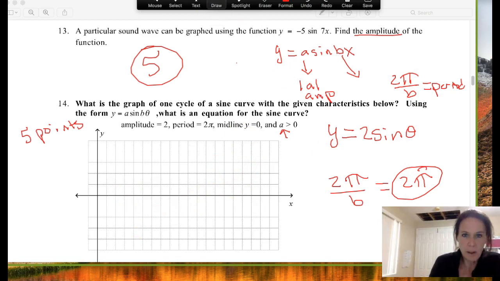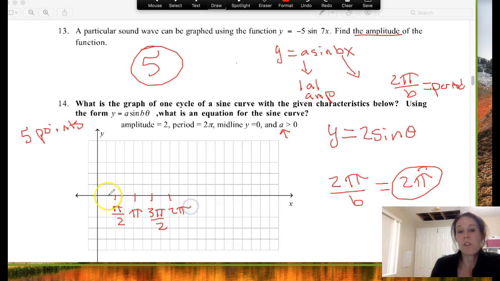So I'm just going to mark it off like this. We're going to go 0. Let's go here to pi over 2. I just like to give it a little space. Then we're going to go pi. Then let's go 3 pi over 2. And then we'll go 2 pi.